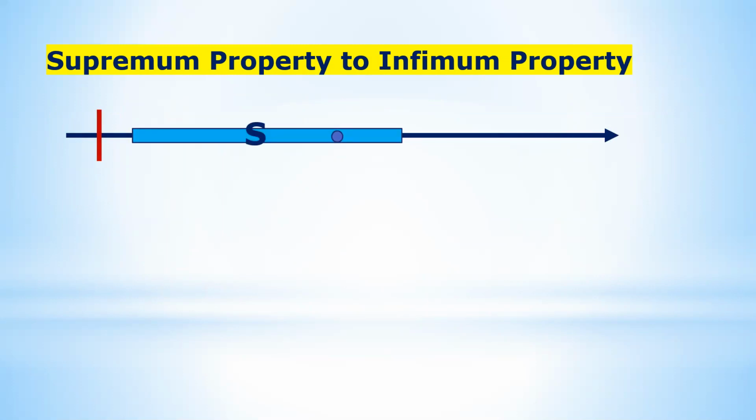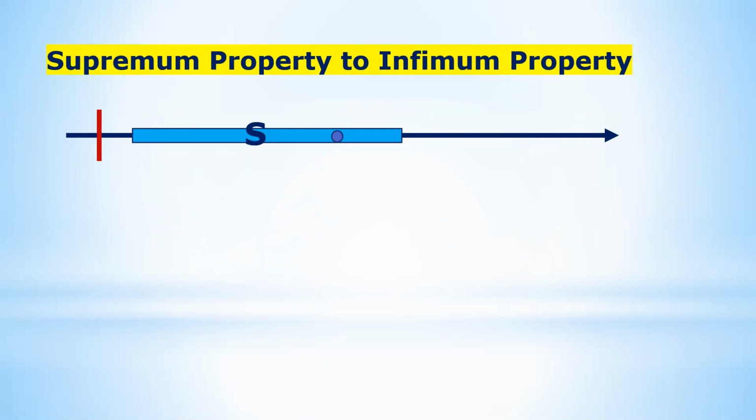We want to prove that, suppose I have the supremum property, then automatically I can get the infimum property. So what we really need to show is that the greatest lower bound always exists. Let's take a look at this situation. You have a set S, and this set has a lower bound.